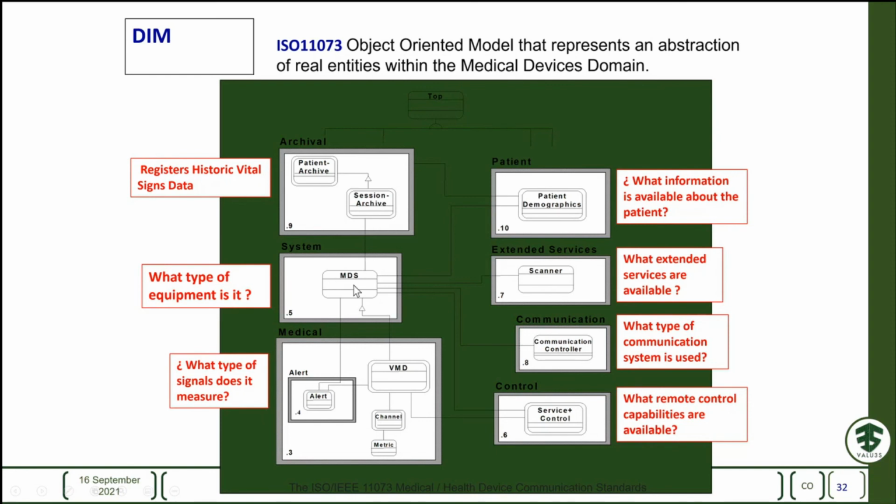We have the medical device system, which indicates the type of equipment that we are using. This medical device system contains virtual medical devices. I mentioned it before. It may contain many medical devices, each one correlated with a particular vital sign. What type of signal does it measure?